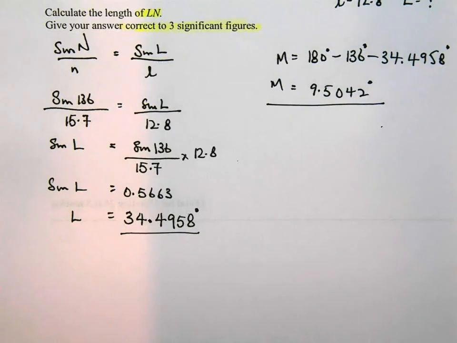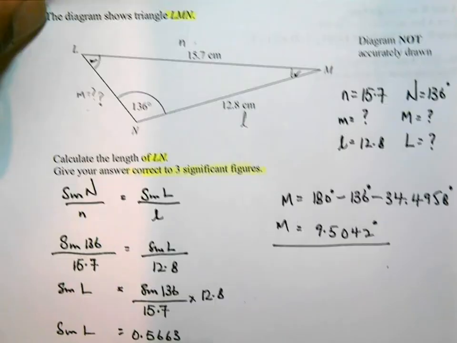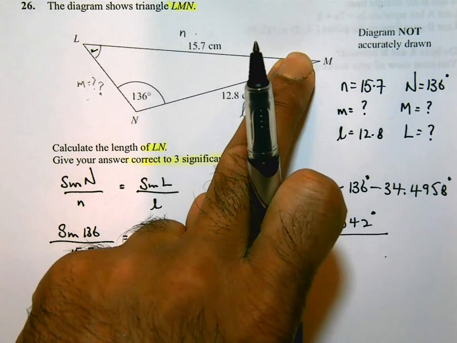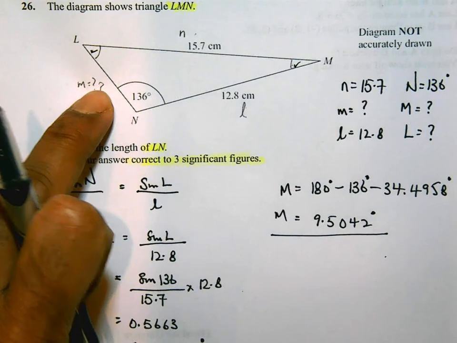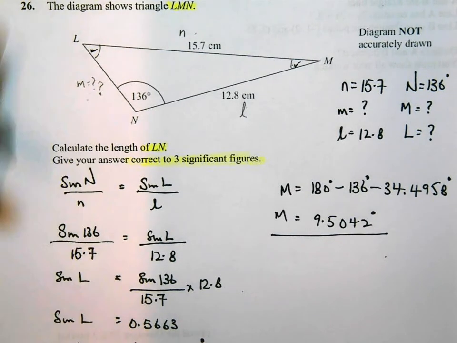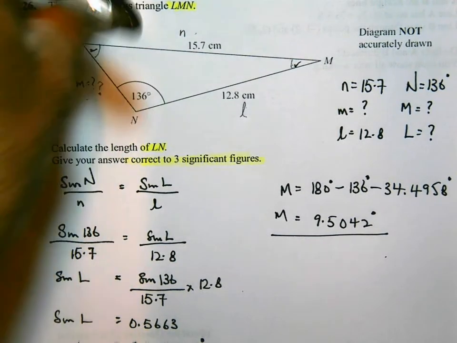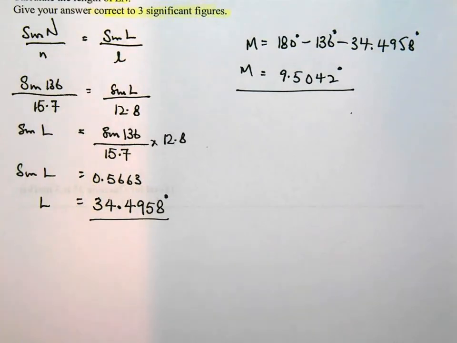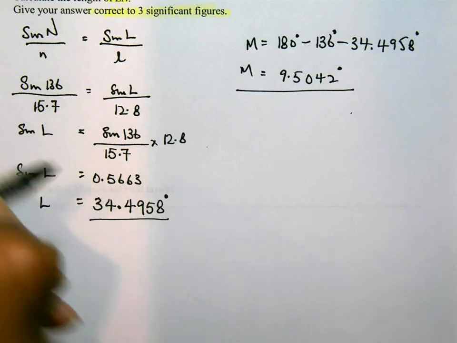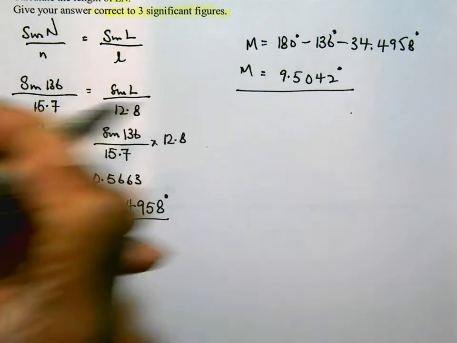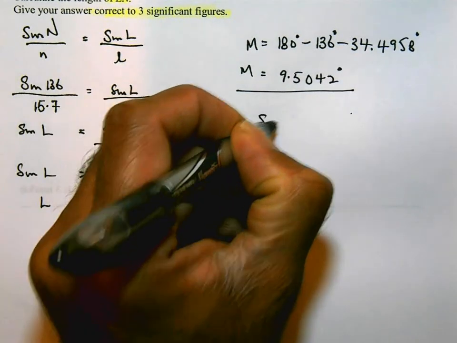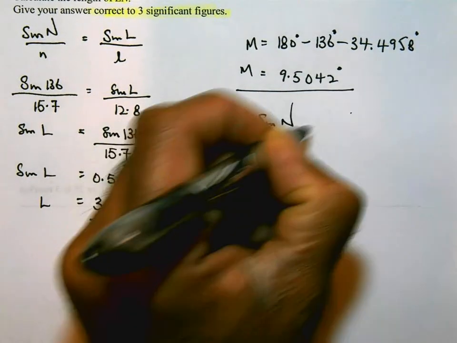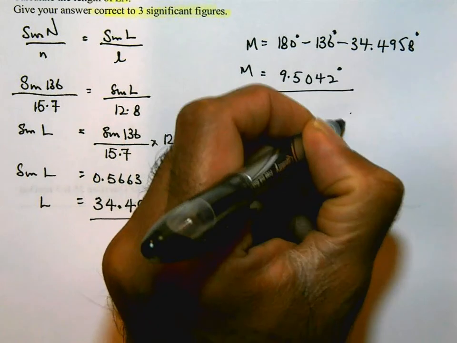Now going back to my information, I now know what angle M is. I could actually work out what this distance LN is going to be. And I'm just going to do that in this space here. So if I use my sine rule again, I know that sine of n over small n is going to be, this time, sine of m over small m.